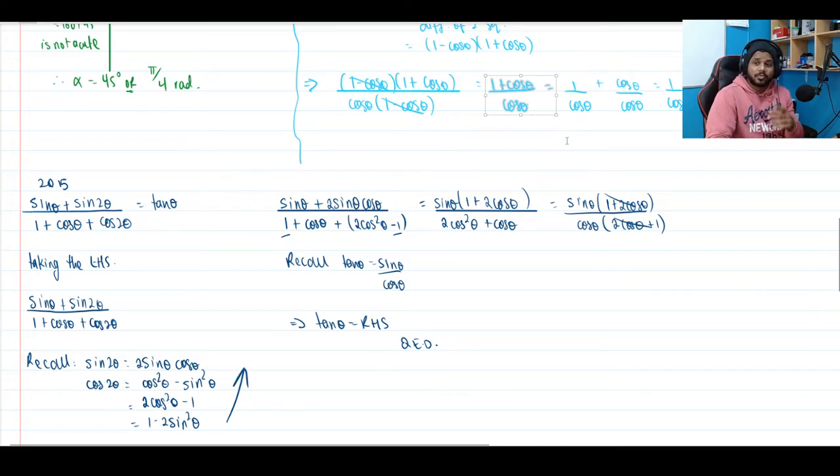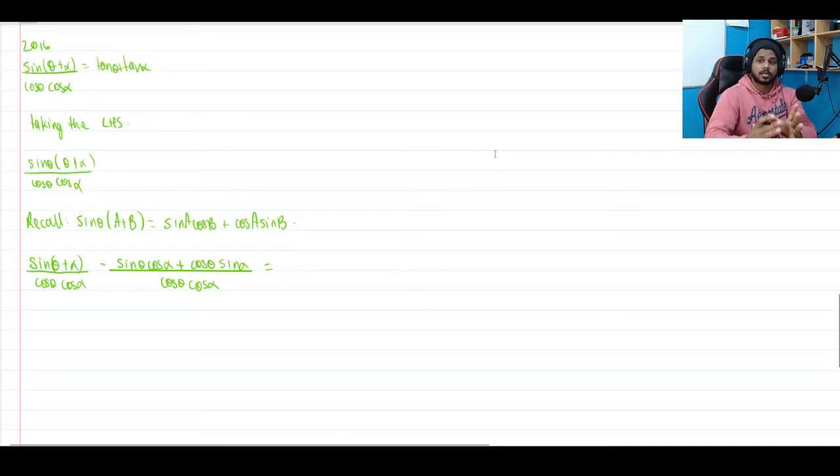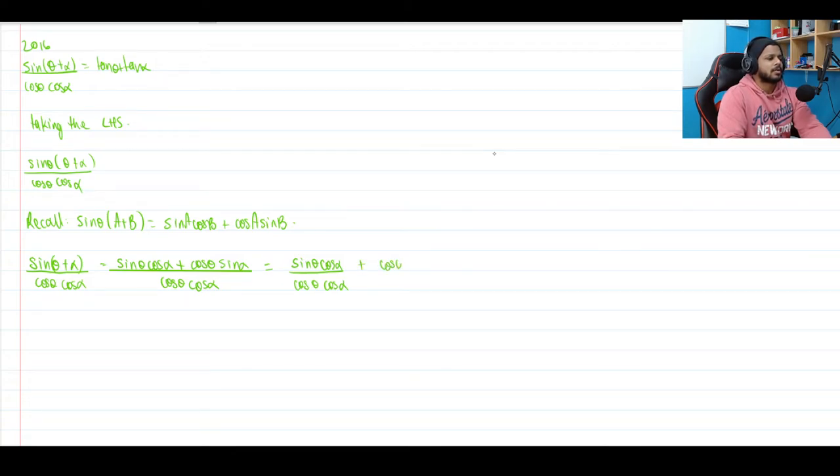I have one single term on the denominator, which is cos theta cos alpha. I can break this up into two separate fractions. My first fraction is sine theta cos alpha all over cos theta cos alpha, plus cos theta sine alpha over cos theta cos alpha.